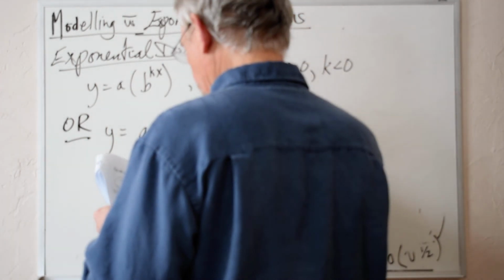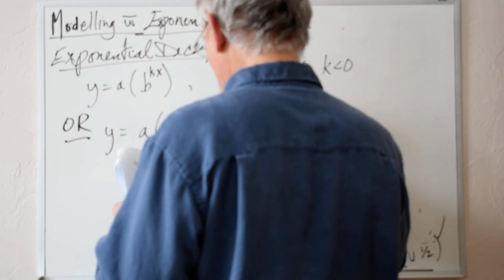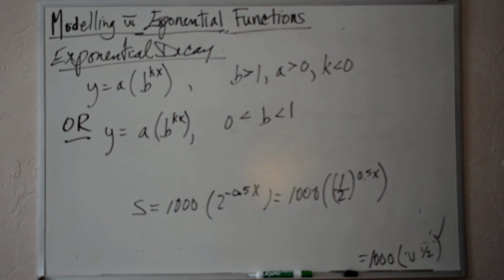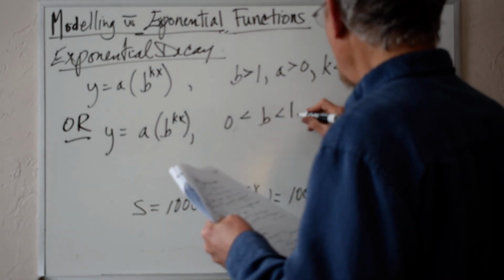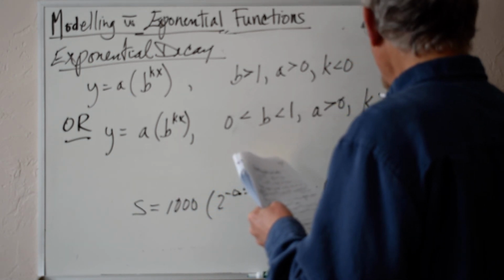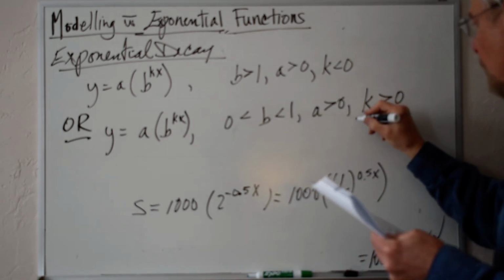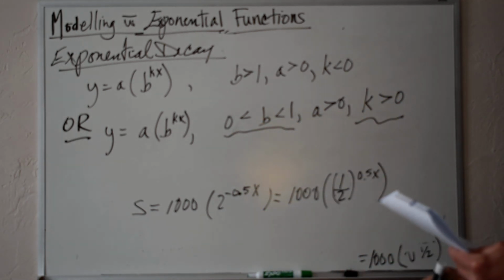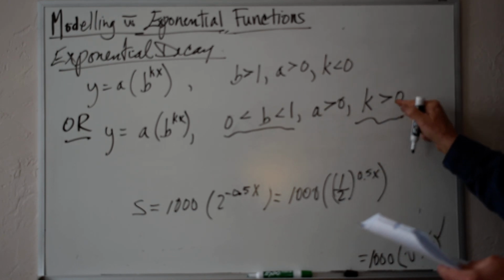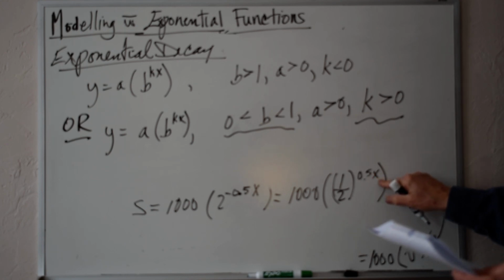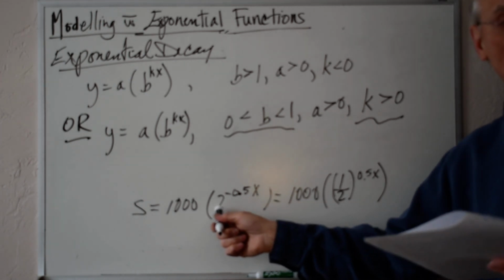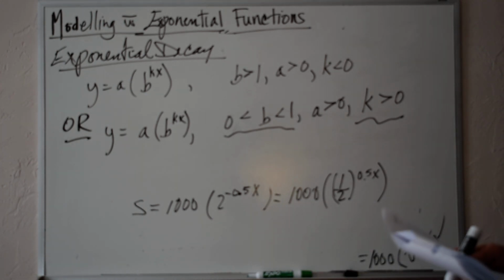In this case, b is a positive number, but it's between 0 and 1. A is still positive, but now we're going to insist that k be positive instead of negative. So we have a change here and a change here. And that's what we see. B is between 0 and 1. K is a positive number multiplying the variable. And it's just another way of looking at the same equation.